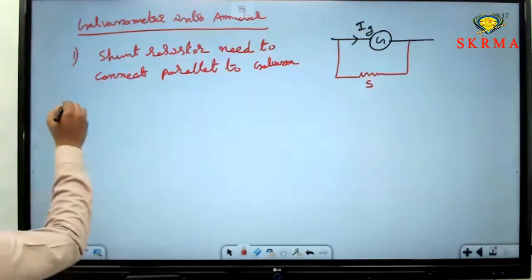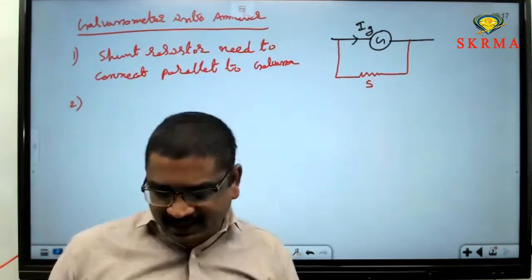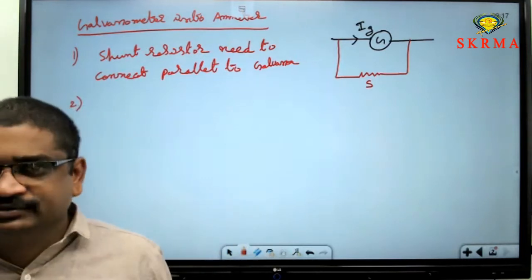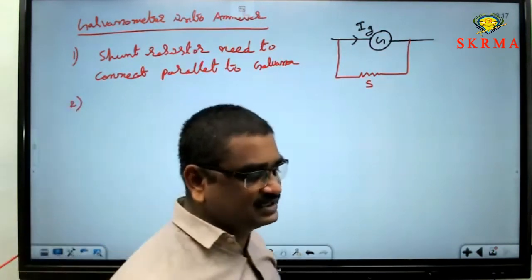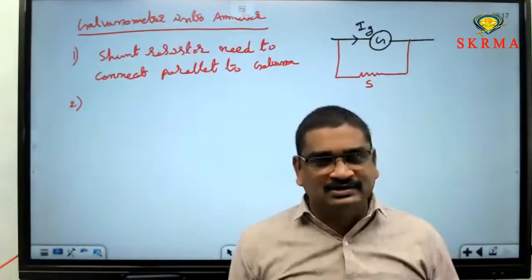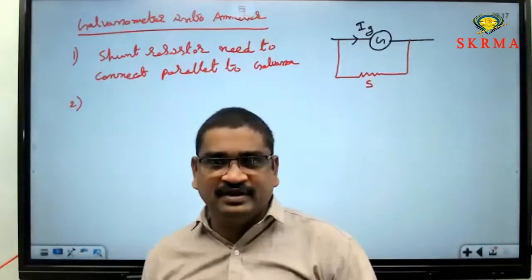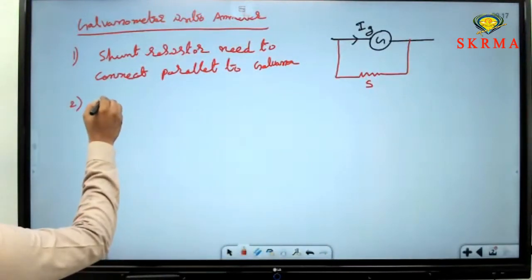Now, the second point. Should this shunt resistor have a large value or a small value? What is the basic property of the shunt resistor? It should be a small value.